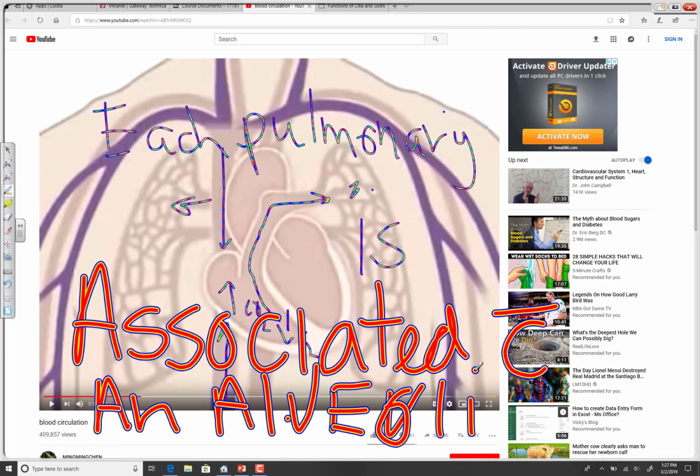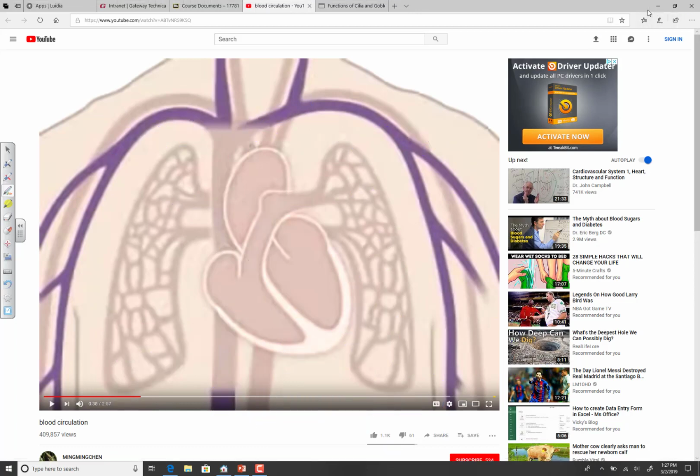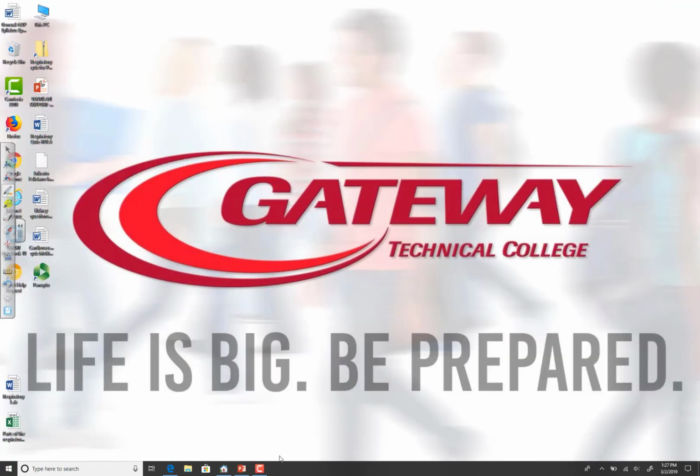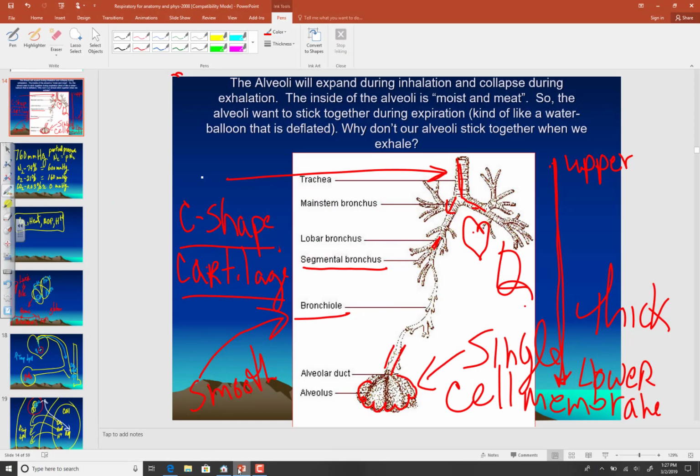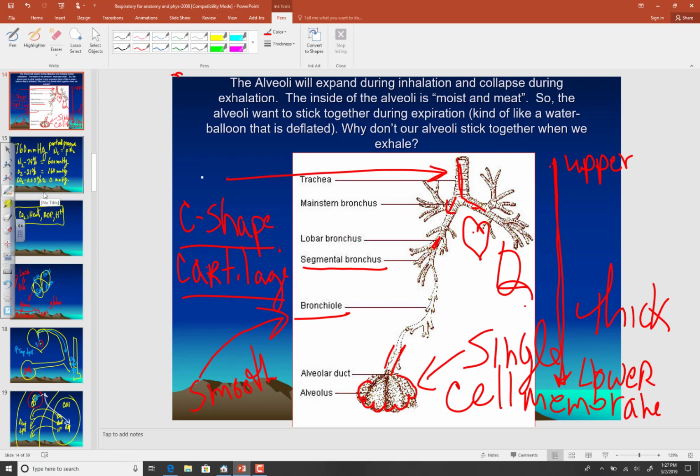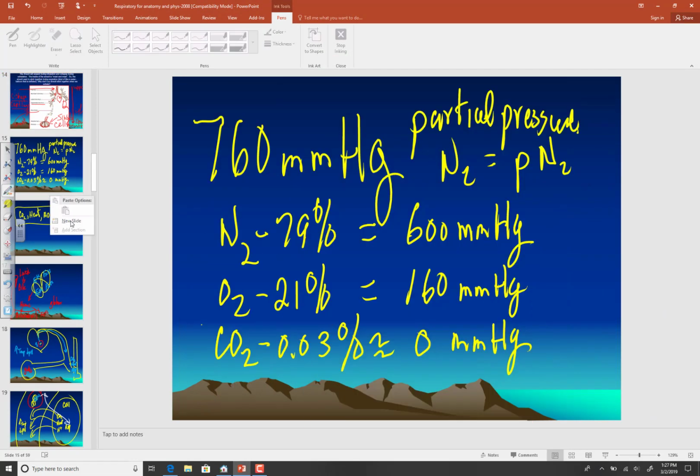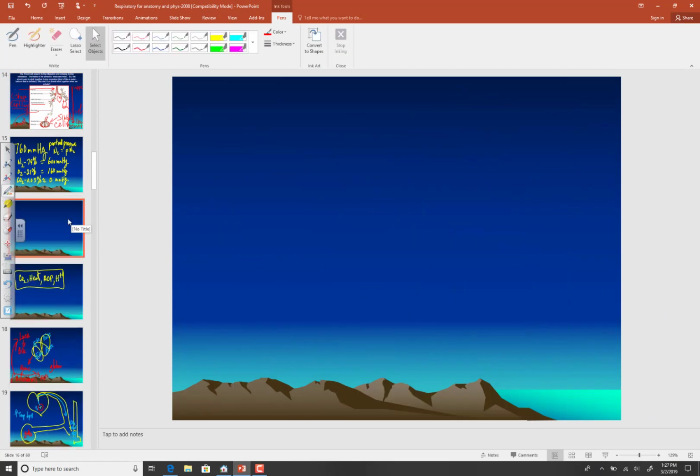So just like in the cells of the body, that every systemic capillary is associated with a cell, in the pulmonary circulation, every alveoli is associated with the pulmonary capillary. So if we do this, and we will do this, right? When you have the alveoli, this is what you're going to see.